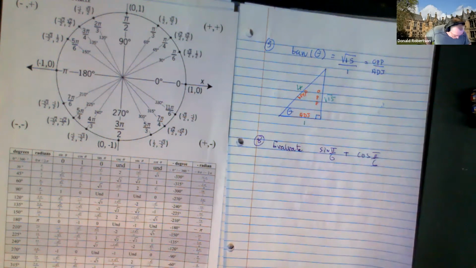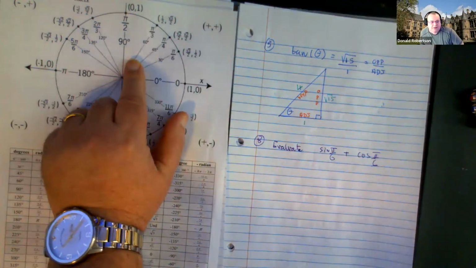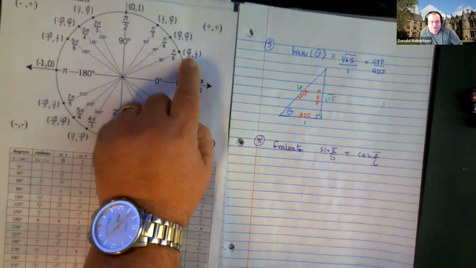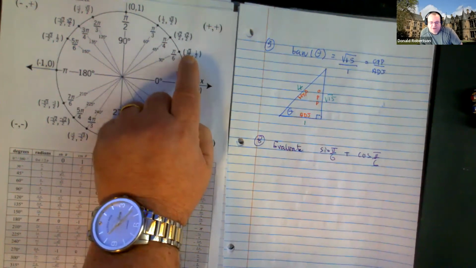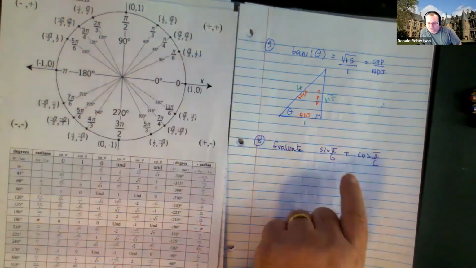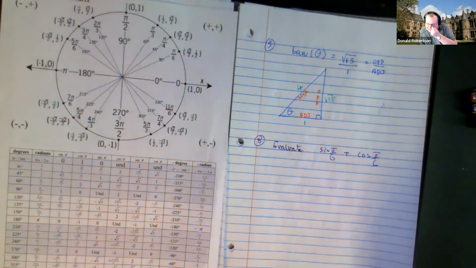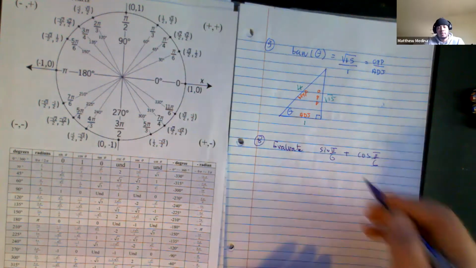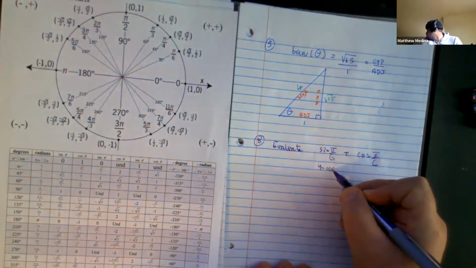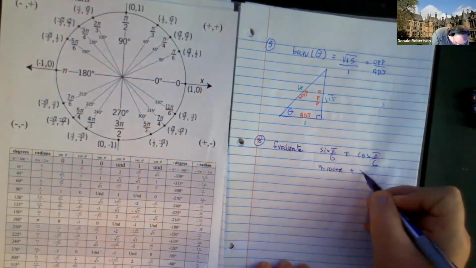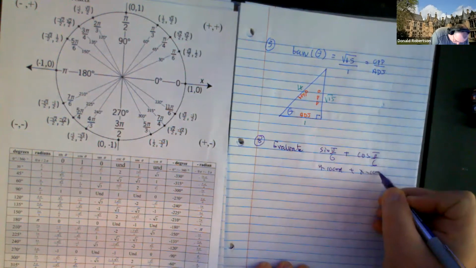Well, there's pi upon 6. Which one of these numbers, the x or the y coordinate, is the sine of pi upon 6? Can you remember? It's the y coordinate. Okay. And the cosine is the x coordinate.